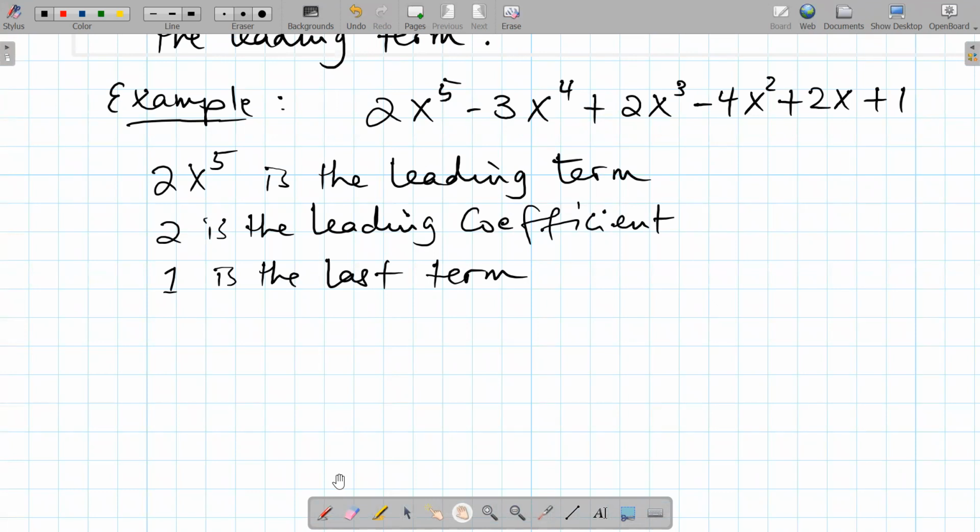Now there are 3 common types of polynomial. Let's talk about the common types.